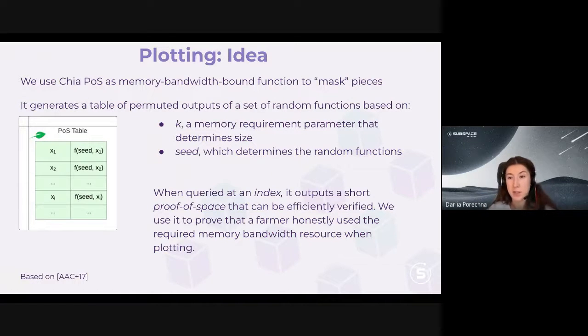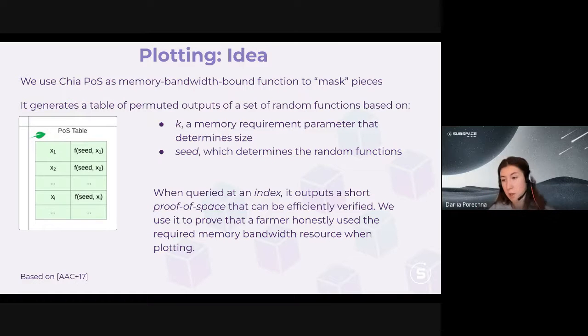We are achieving that using the magic of open source industry and taking ideas of people that have already implemented them and making them better. So the idea we're taking from the paper, Beyond Hellman's time memory trade-offs, gave roots to the future Chia green paper and Chia implementation. And we're using the Chia proof of space, but as a memory bandwidth bound encoding function to mask pieces in our plot.